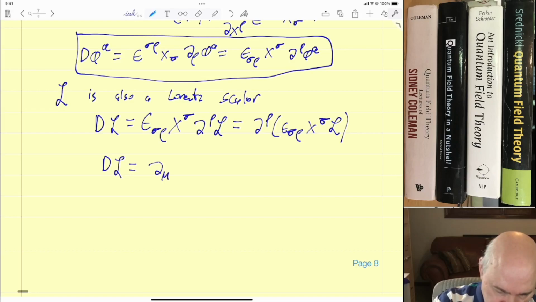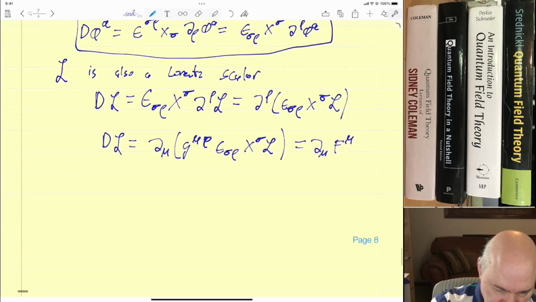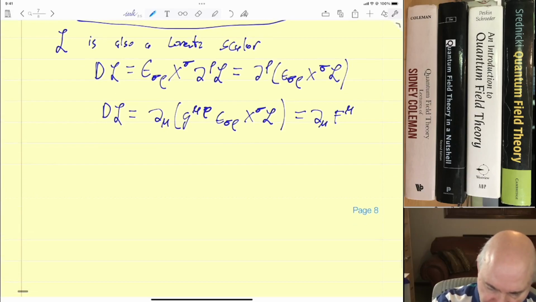As the partial of μ, I can introduce μ and then raise it immediately. And again, this is defined as the partial μ of f^μ. So this defines, inside here, our f^μ.